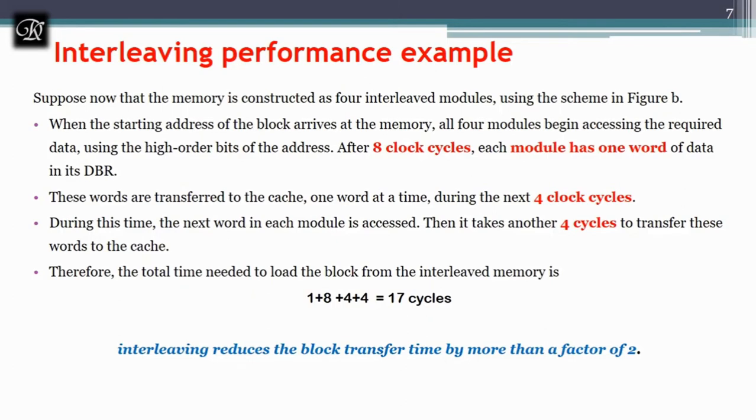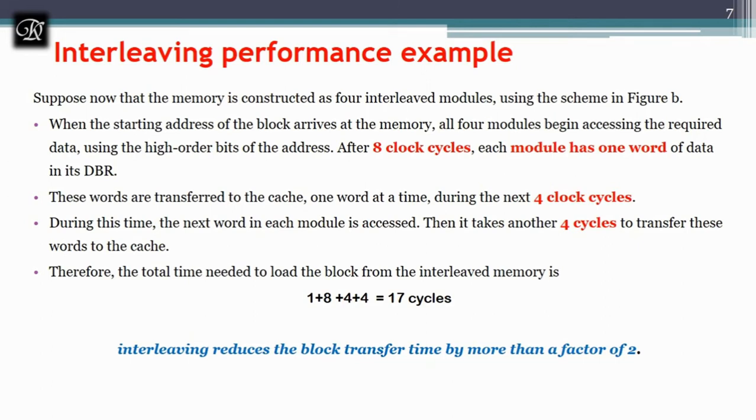Now the memory is constructed as 4 interleaved modules using the same scheme we discussed in the diagram. When the starting address of the block arrives at the memory, all 4 modules begin accessing the required data. Here all 4 modules access in parallel using the high order bits of the address.